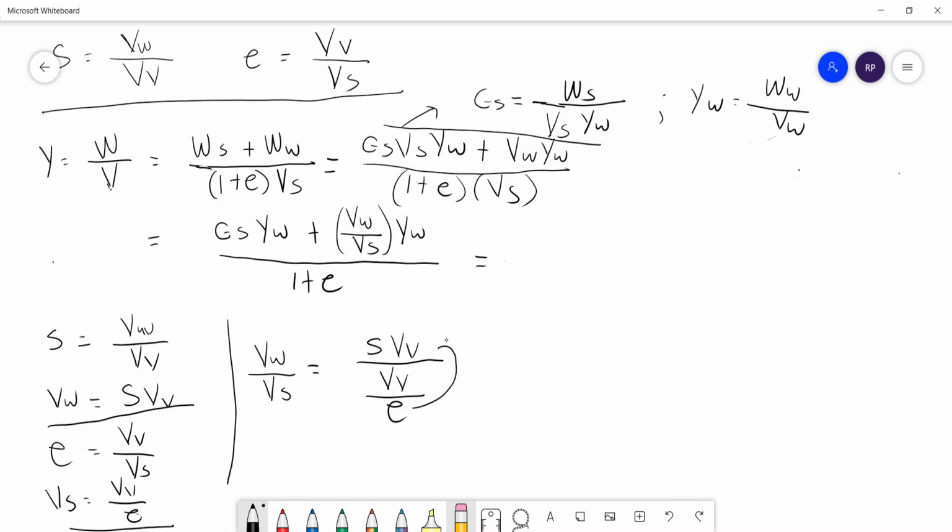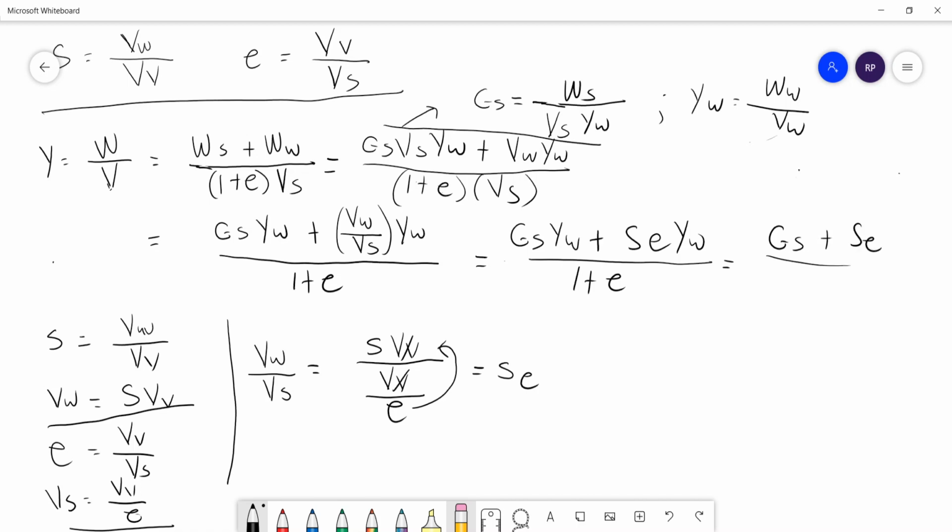Then the VV cancels, and we would have S and e, degree of saturation and void ratio. So we put here Gs γw plus S e γw all over 1 plus e. Finalize the equation, then we would have Gs plus Se all over 1 plus e.